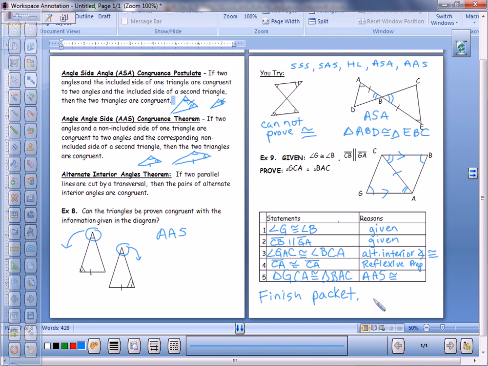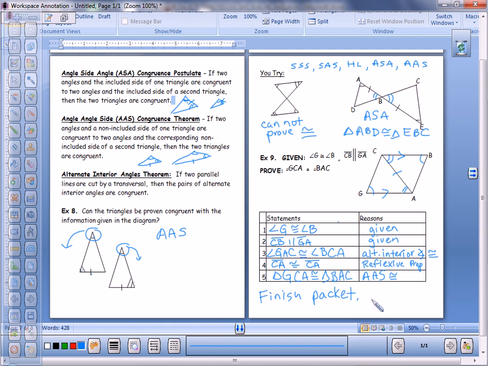The sheet that the substitute will be handing out is very integrated. It has all the different kinds: side, side, side, side, angle, side, hypotenuse, leg, angle, side, angle, angle, angle, side. All different types of problems mixed up within each section. So that'll be great practice for you. And then on Monday, we're going to do more practice, but we're going to use more interesting figures. And I think you'll enjoy that come Monday.